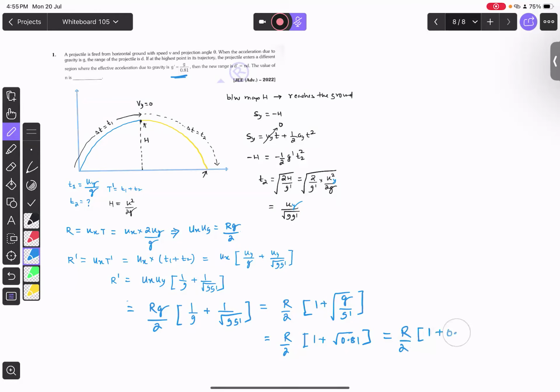So 1.9 by 2. 1.9 by 2 is how much? 0.85, no? Correct? 0.85 only, no? 0.95 or 0.85, check out. 0.95, yeah. So 0.95 into R. So nothing much in this question, correct?